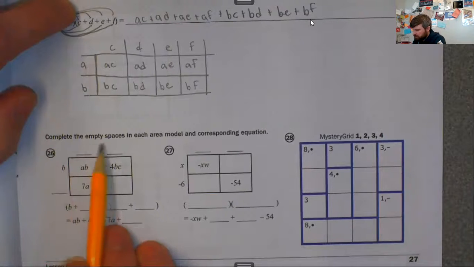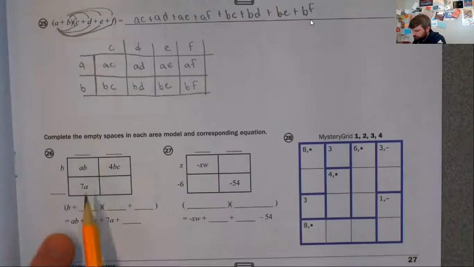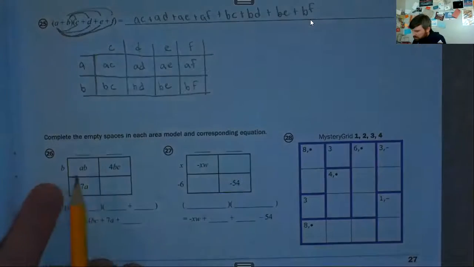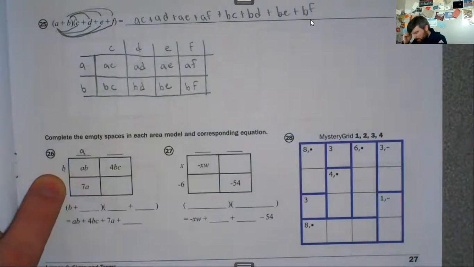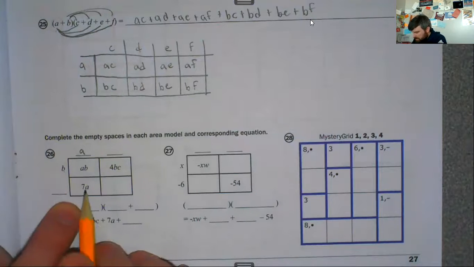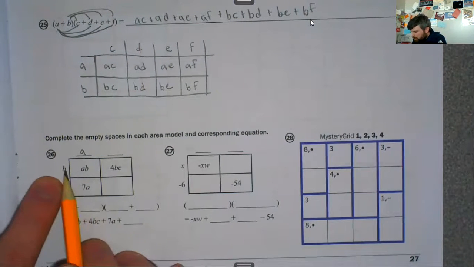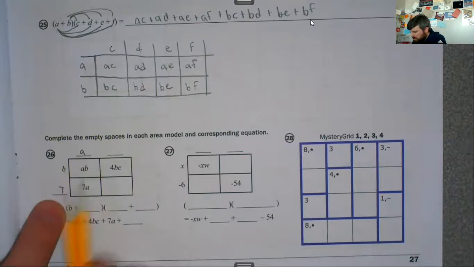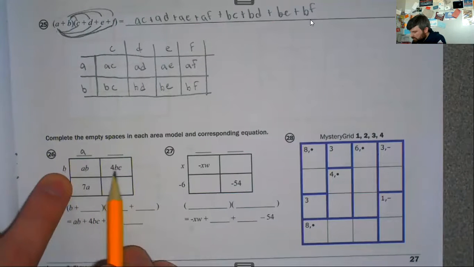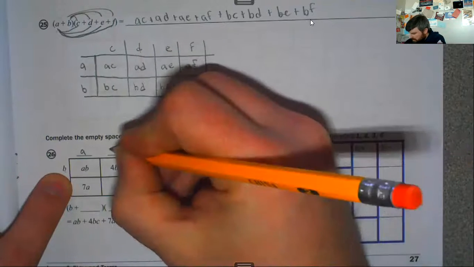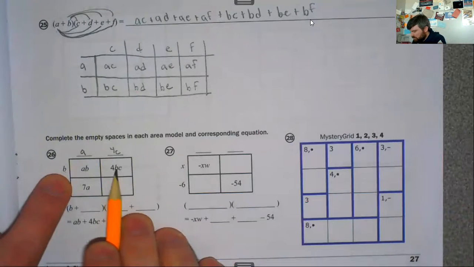Okay, so complete the empty spaces in each model and corresponding equation. Okay, so it looks like we got A, B here. Here was B, so this needs an A. Okay, so this is 7A, so that needs to be 7. You have A times B is AB, 7 times A is 7A. B times what gave you 4C? So this looks like it needs to be 4C because you just take out the B and that's what you had.